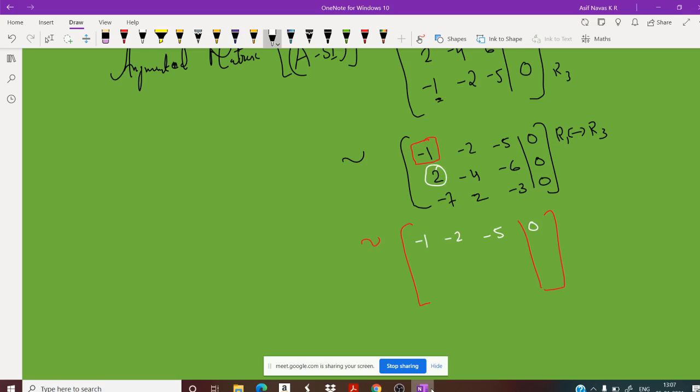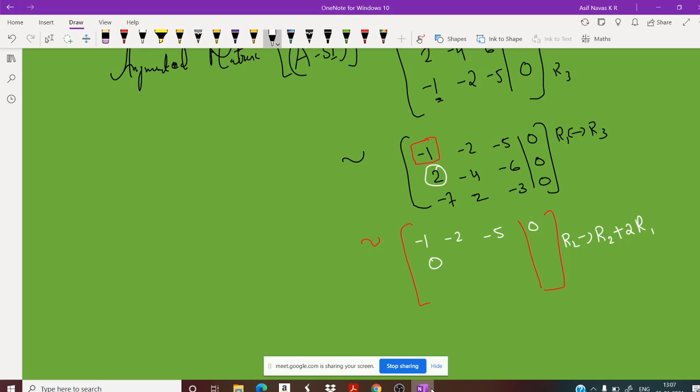And what will be the row operation? R2 changes to R2 plus 2R1, right? So this is 0.